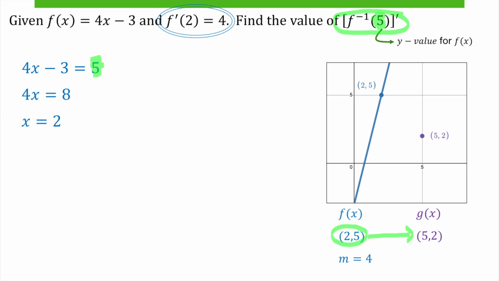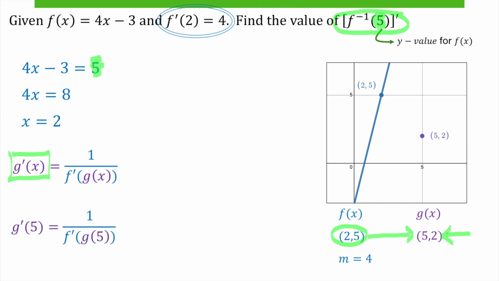Now the equation we derived was this one: g prime of x equals 1 over f prime of g of x. And this is what we're looking for, the slope of the inverse function at the point (5, 2), which means we're looking for g prime of 5, which is 1 over f prime of g of 5. Well, what's g of 5? g of 5 is 2.